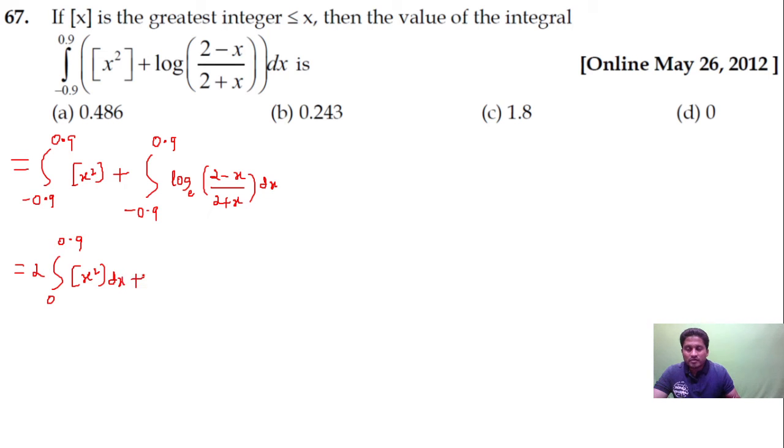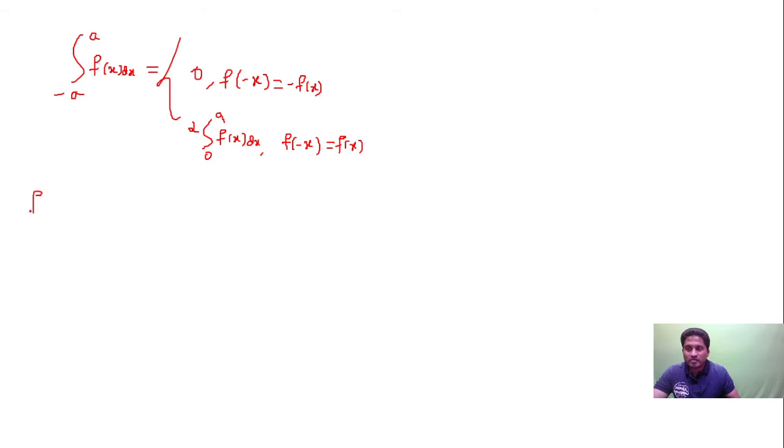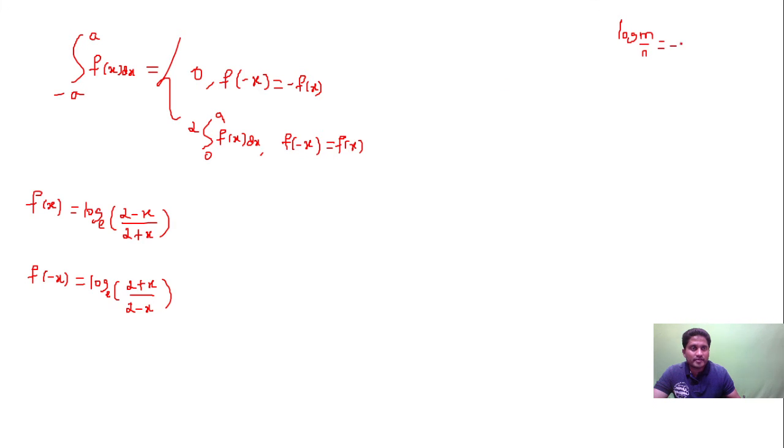Alright, now if I check, this is an odd function only now. F of x is equal to log of 2 minus x upon 2 plus x. F of minus x will be equal to log of 2 plus x by 2 minus x. So this will be equal to 2 plus x upon 2 minus x. Okay, when you have suppose log m by n, this will be minus log of n by m.